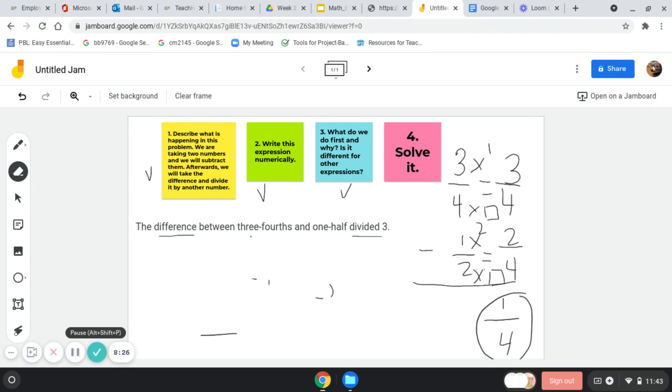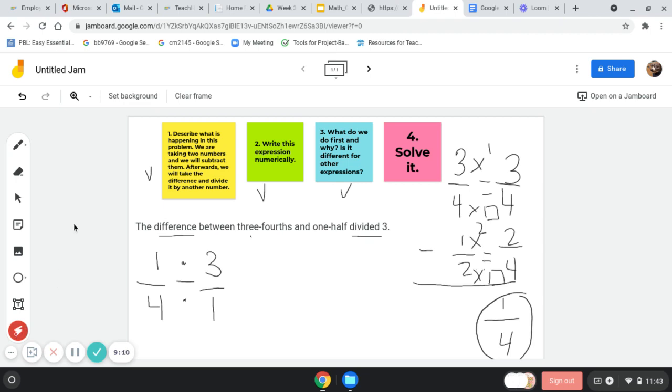Okay, so now we are going to conduct the division. We have the difference, which was 1/4, and we have to divide it by 3. We know that if a whole number stands alone, the denominator is always a 1, because 3 divided by 1 is going to give us 3 anyway.